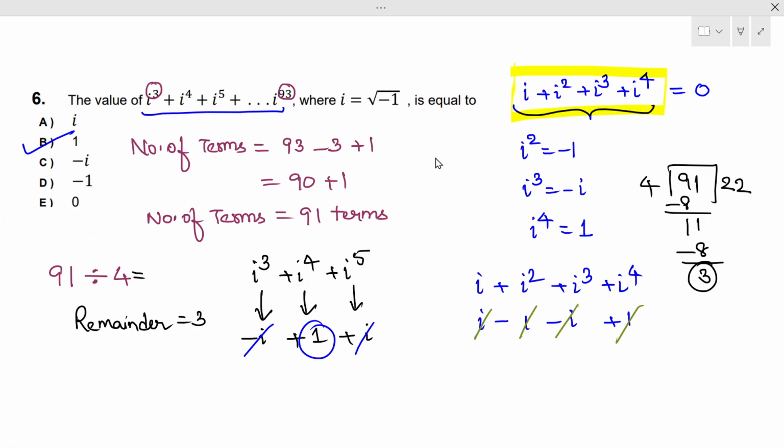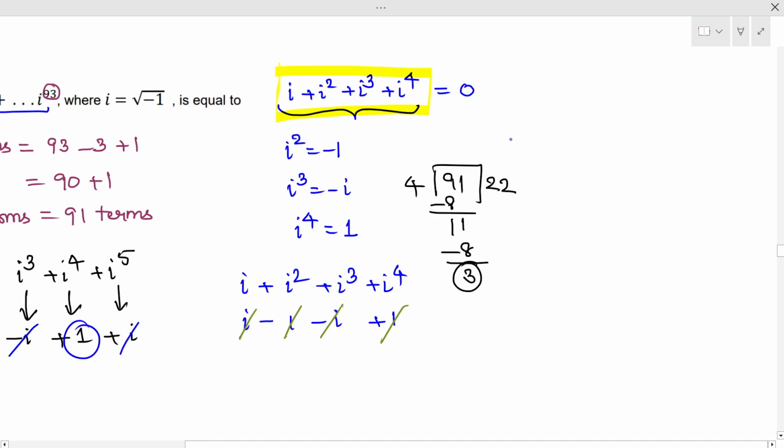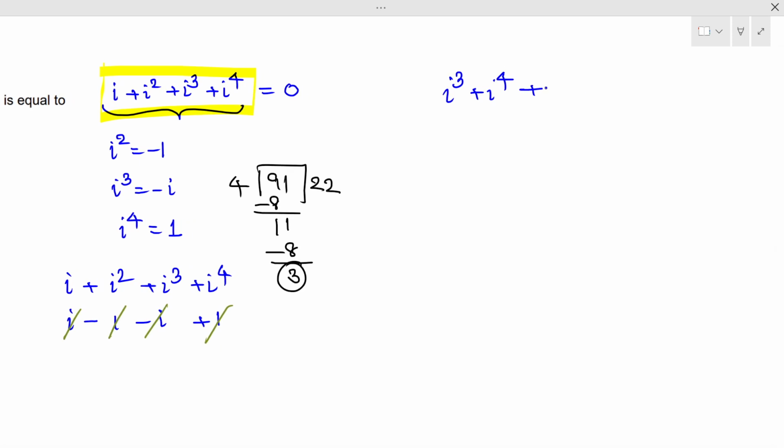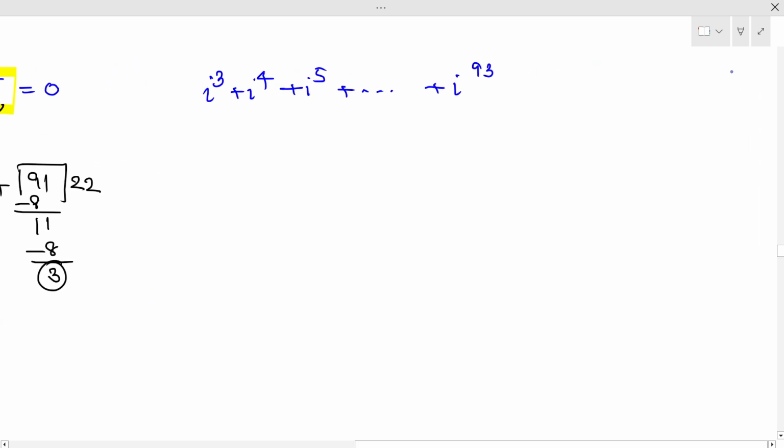Let's see that. Let me write the question. The question was i³ + i⁴ + i⁵ and so on, up to i⁹³. Now see here, it's like a finite GP series. Yes or no?